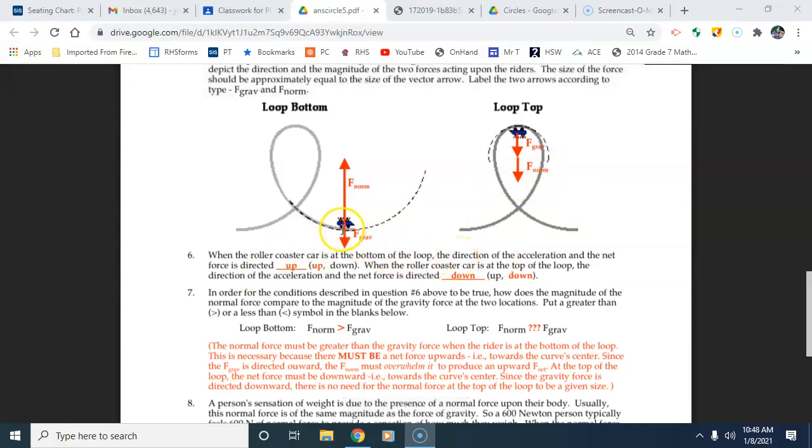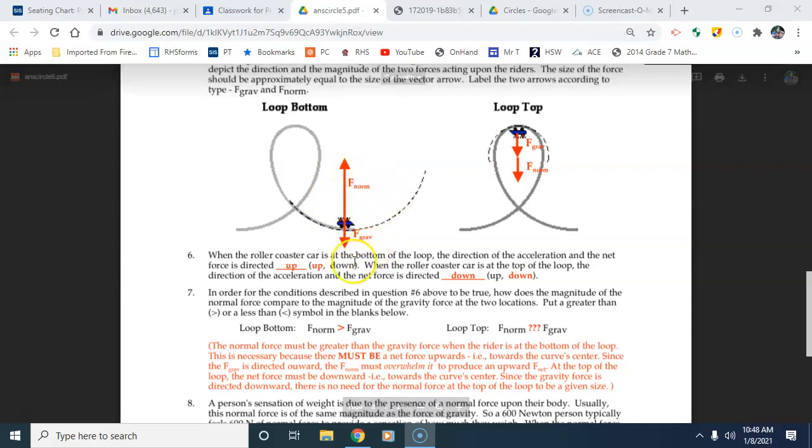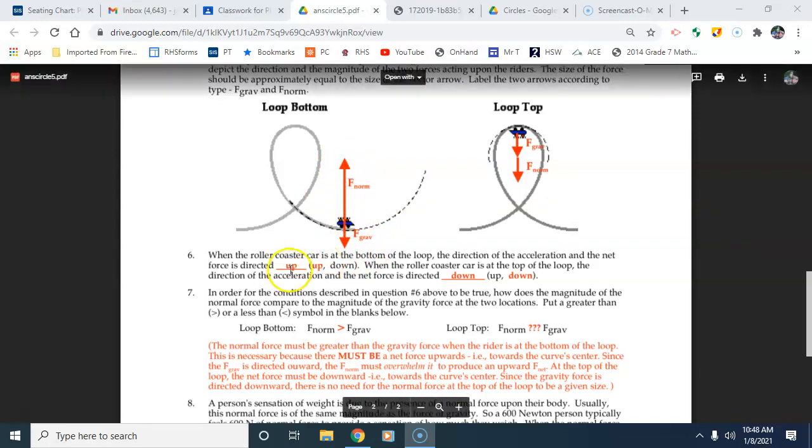So if at the bottom position the normal force is greater than the force of gravity, you feel more pressure from the track at the bottom when it's a circular loop. The net is just the total. So if the normal is bigger than the gravitational one, then the overall net is upward. All right. When the roller coaster is at the top of the loop, both forces point down, so the net total has to point down as well. All right.